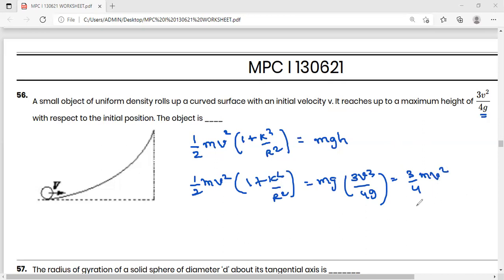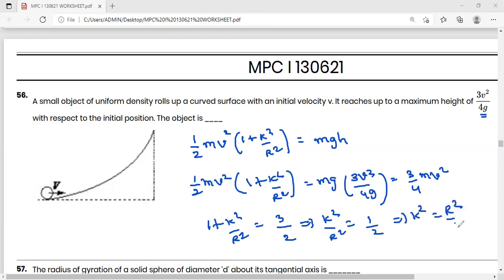And mv square also will be cancelled on both sides. Then 1 plus k square by r square is equal to 3 by 2 only. And here k square by r square is equal to 3 by 2 minus 1, that is half only. And finally k square is equal to r square by 2.